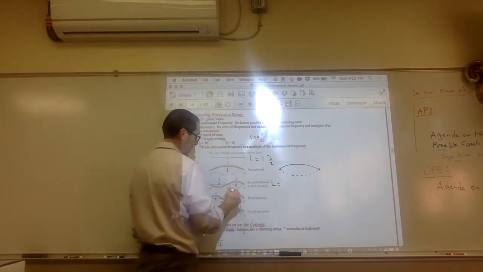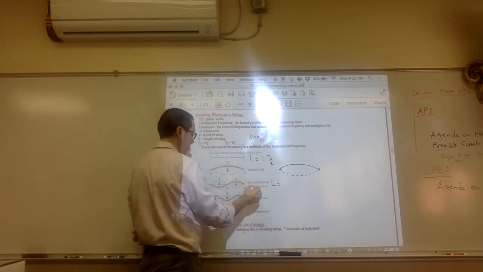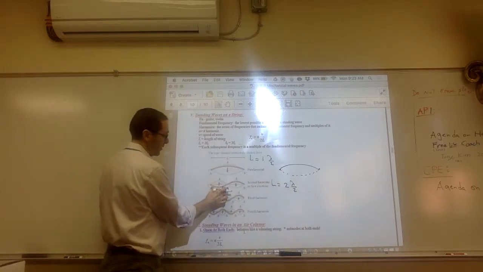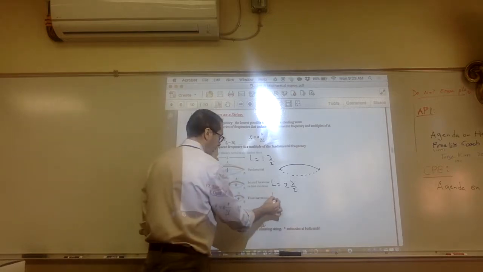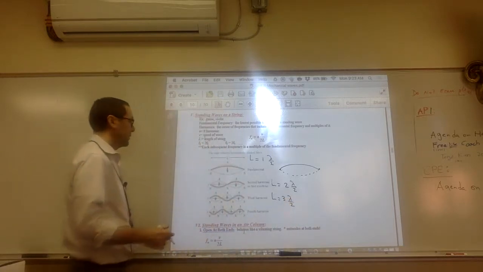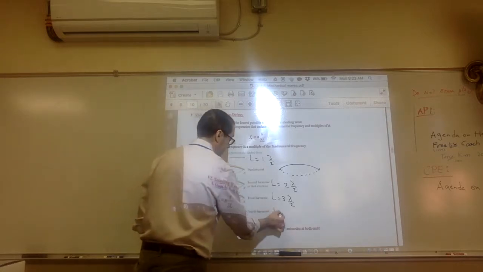I'm going to do a demonstration with this and show you what it looks like. L equals, and we're going to do this in halves. You've got a half here, and another half to complete the wave. Here you get 3 halves, because everything is in terms of halves, and here you get 4 halves, but it's the same length of the string.